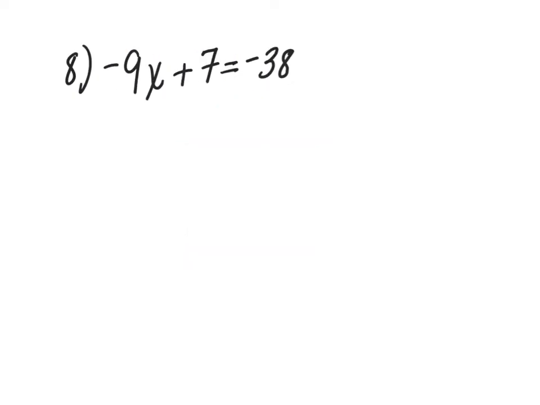Problem number 8. We have negative 9x plus 7 is equal to negative 38. So remember, we're trying to get our constants together on the same side because all our x's are together on the left side. We don't have x's anywhere else. So I want to get rid of that positive 7.